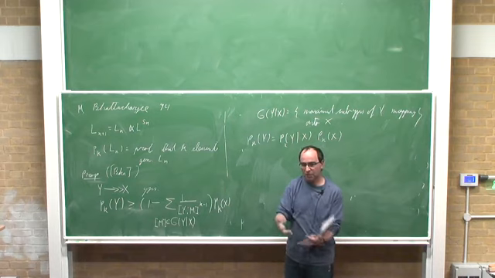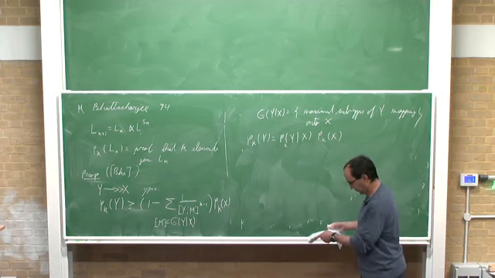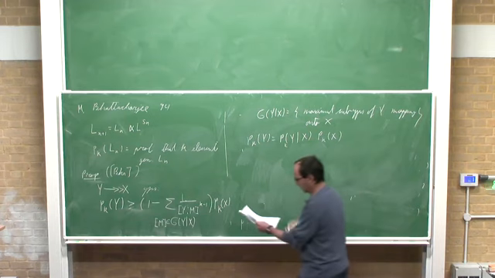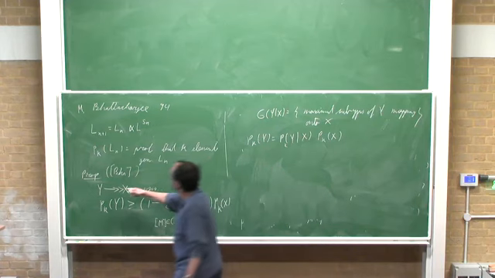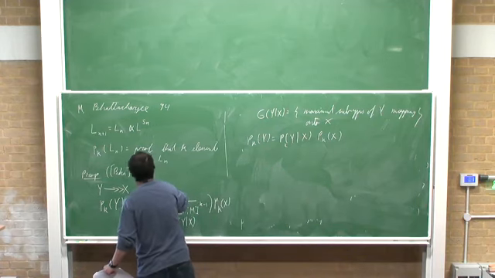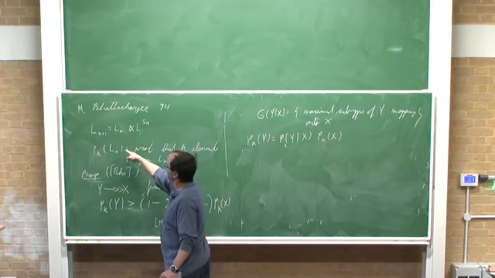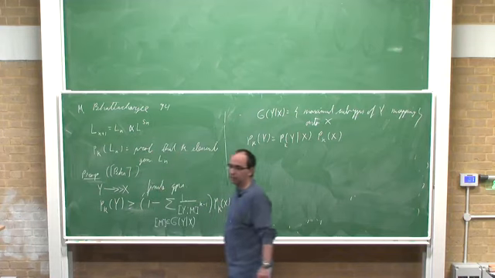So you can go over all maximal subgroups and somehow estimate. Anyway, it's not difficult. Now, we are going to apply this for L_{n+1} and L_n. That's the case we are going to look at.